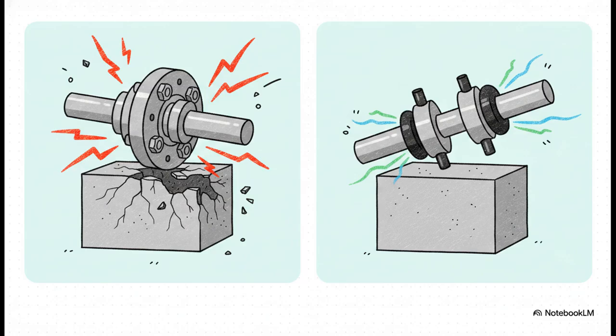That is exactly why the industry relies heavily on flexible bushed pin couplings. They use these rubber or leather bushes around the pins to absorb shock loads and allow for a tiny, like, 0.5-degree misalignment. Believe it or not, that tiny bit of flexibility is often the only thing preventing high-frequency vibrations from literally shattering the concrete foundation the machine sits on.